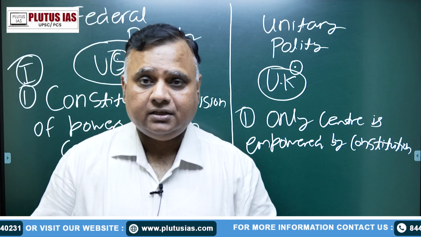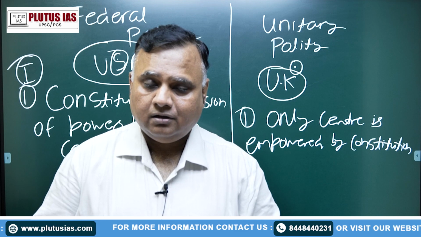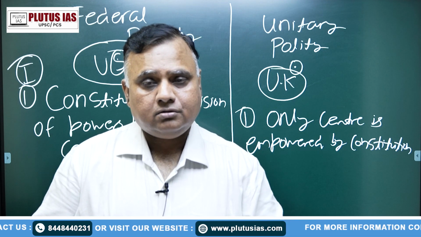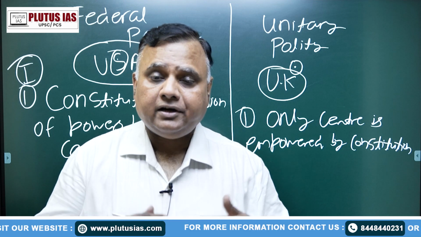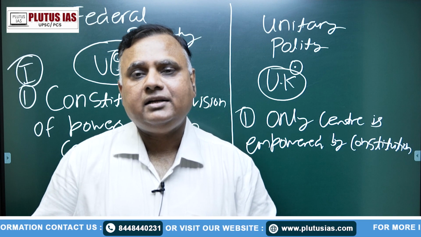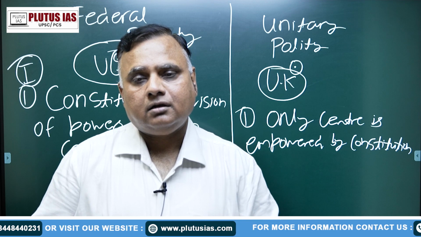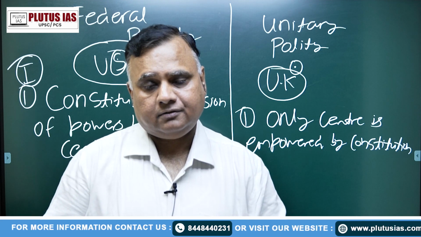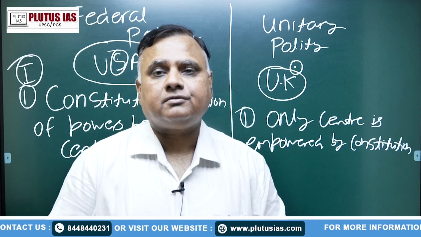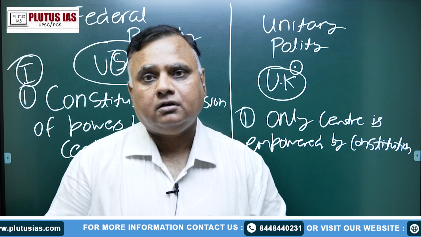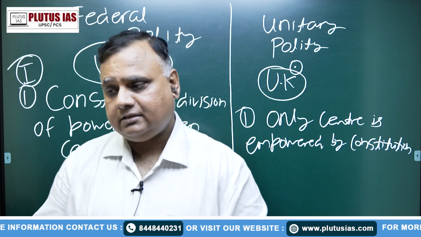India is not USI, United States of India, while USA is the United States of America. America is a federation of states, we are a union of states. Article 1 clearly says that India, that is Bharat, shall be a union of states, not a federation of states, because we are not truly federal, we are quasi-federal, we are federal with unitary bias.